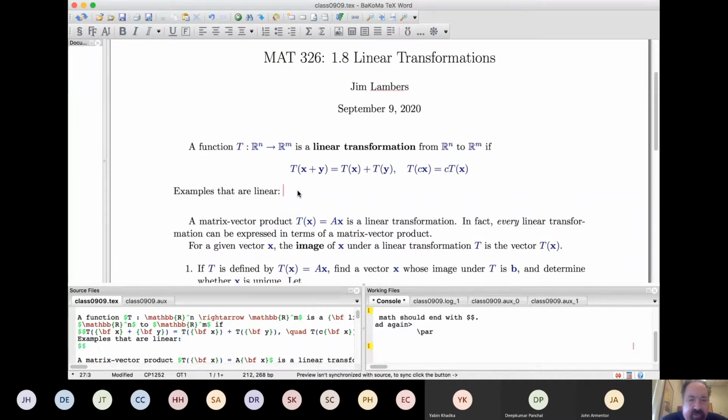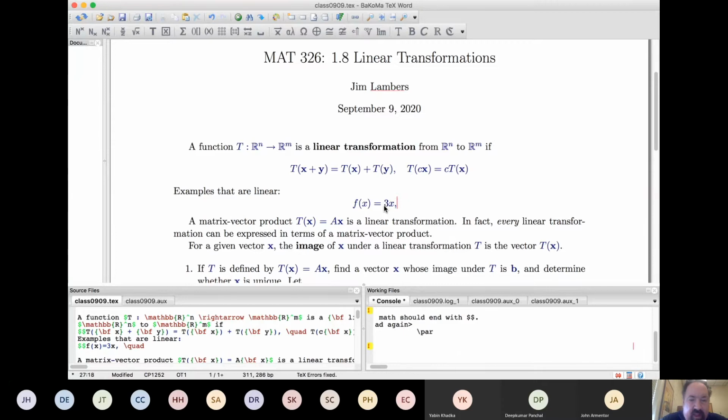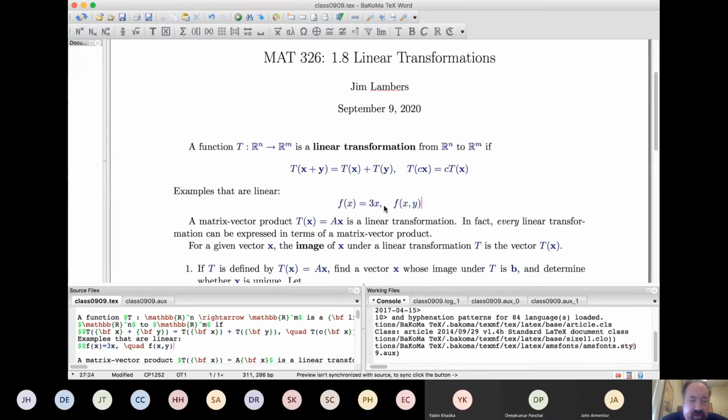I'll just make up some examples here. Something like a function of one variable, f of x is 3x, that is linear. I'll make up a function of two variables. Okay, so that is linear. In both cases, the number of outputs is only one. The output of both of these is just a number.